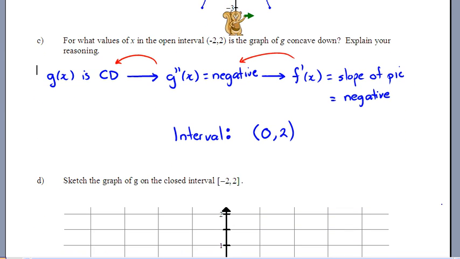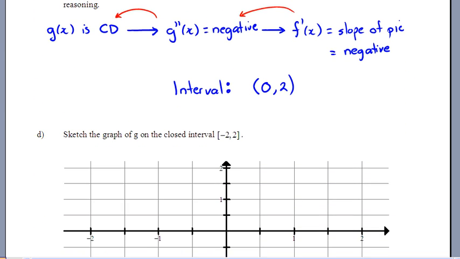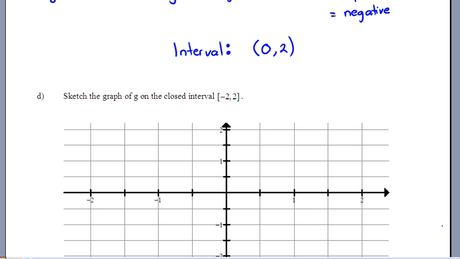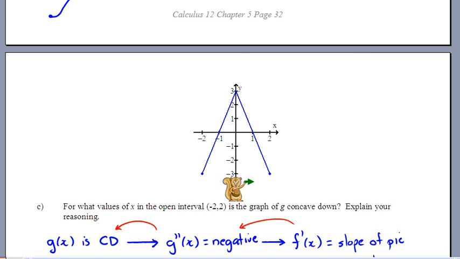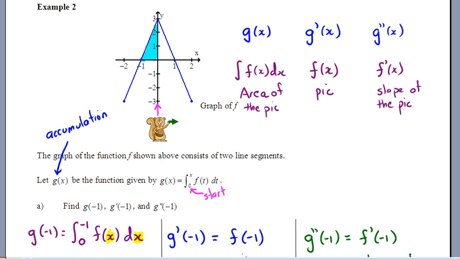They had one more little request of us to see if we could sketch the graph of g from -2 to 2. Sure, we can do that. We've got a couple of points we could put in. I'm just going to go back and look at our little chipmunk gathering here. When x is 0, if you were to put 0 in here, the chipmunk would not have gathered anything, so there'd be no nuts at all.